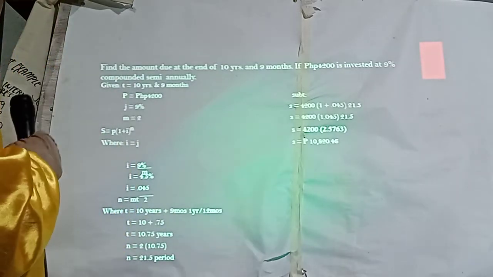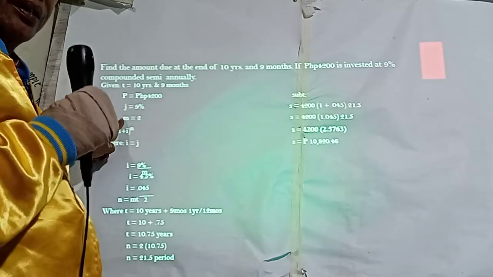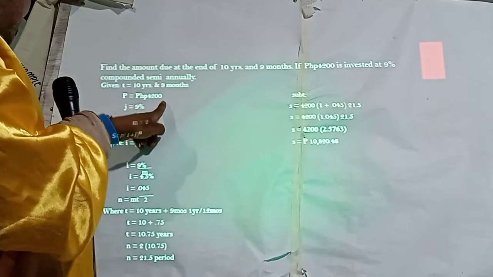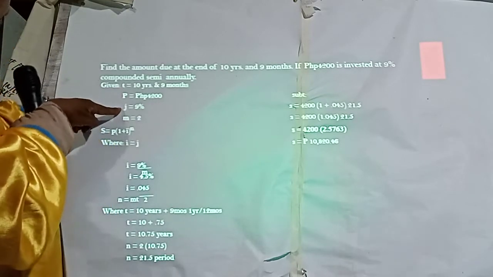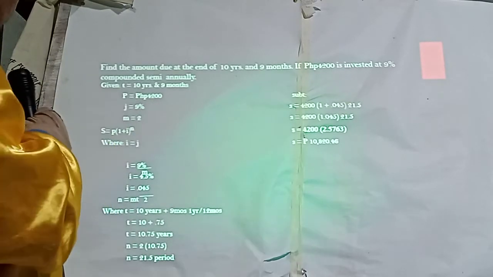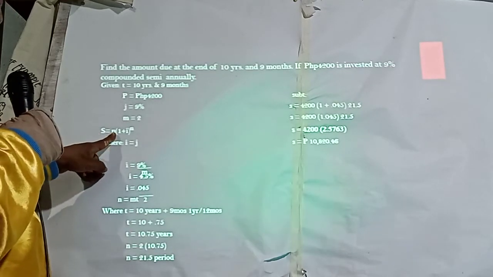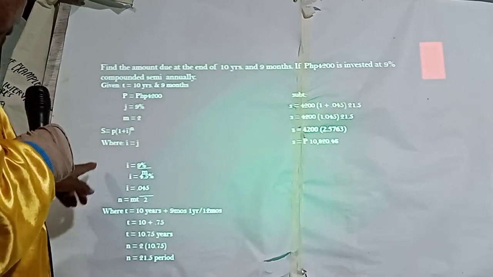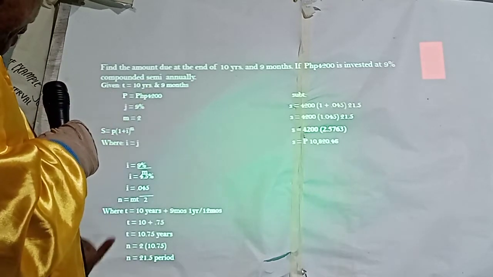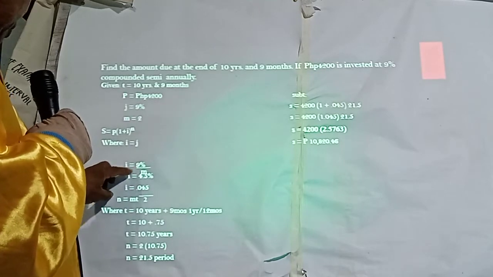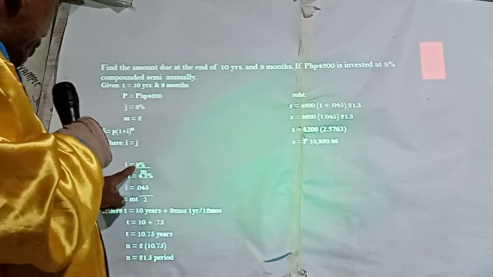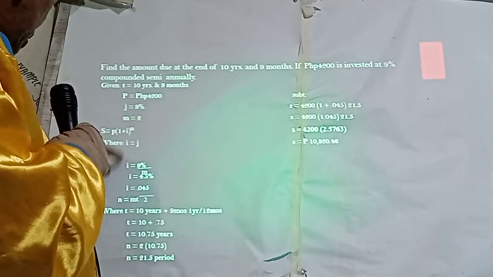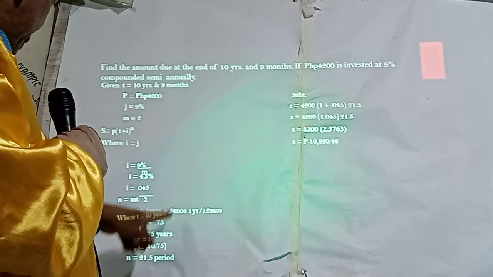Now, so M is 2, why? Because it is semi-annually. So P is 4,200 and rate is represented by J, 9%. So from the equation, P times 1 plus I raised to N. Wherein I is equal to J divided by M. So we convert 9% to 0.09 divided by M, which is divided by 2. So it is 4.5%.